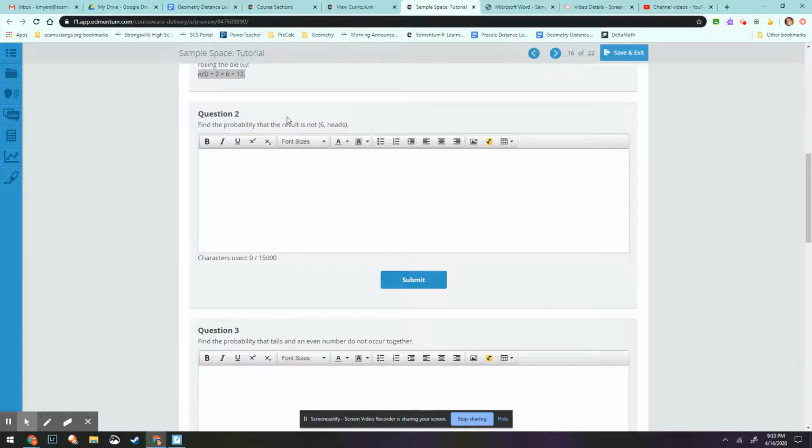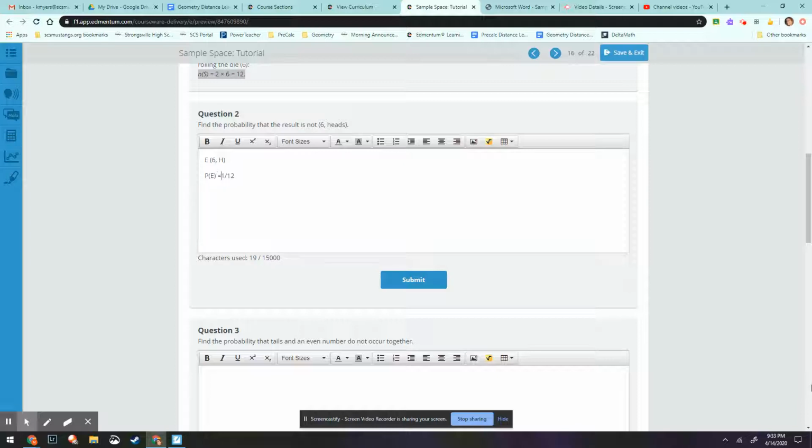Find the probability that the result is not 6 heads. So the event is 6 and then heads. Let's just find that probability first. There's only one way to roll a 6 and then get a heads, so P of E is 1 divided by 12.